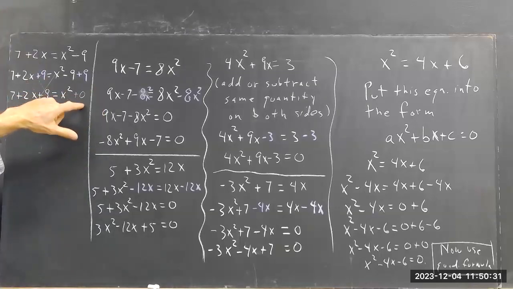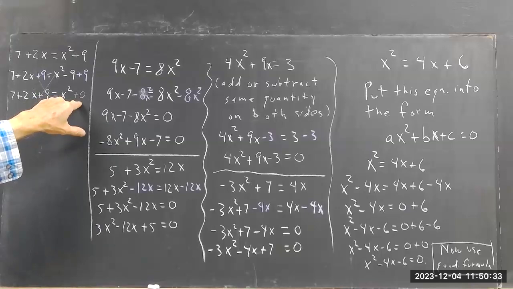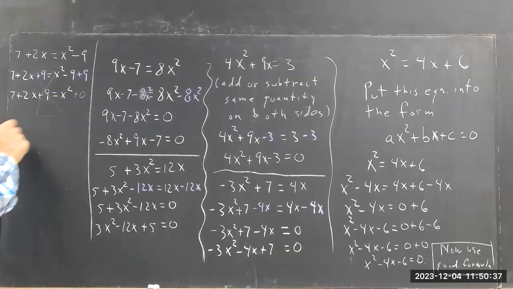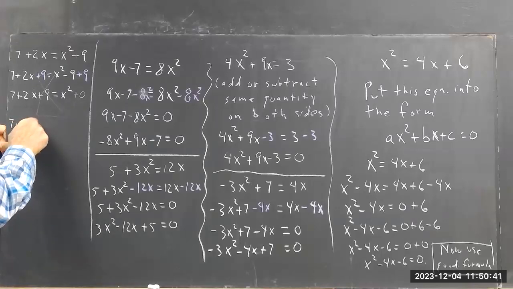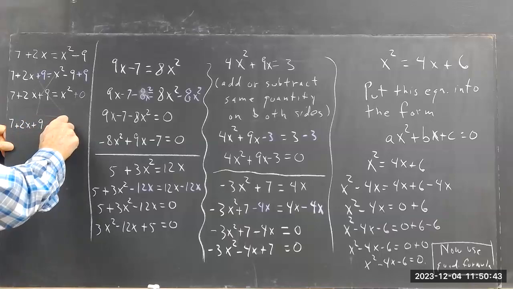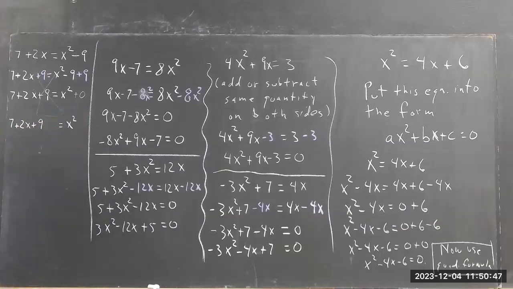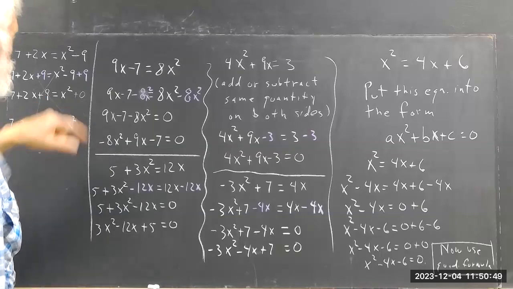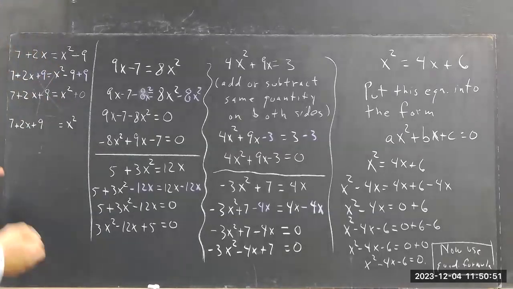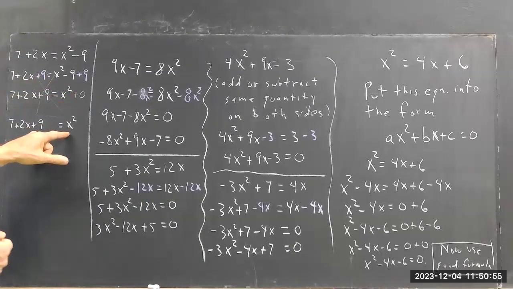And I'm not going to write the plus 0 in the next step because x squared plus 0 is just x squared. So I'm going to write 7 plus 2x plus 9 equals x squared. Doesn't hurt if you have the 0 there, but it kind of gets in the way and it doesn't make any difference.